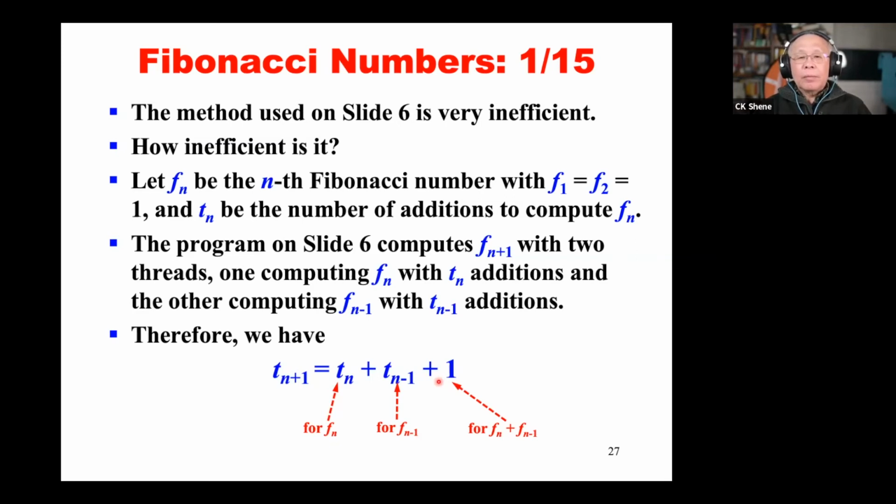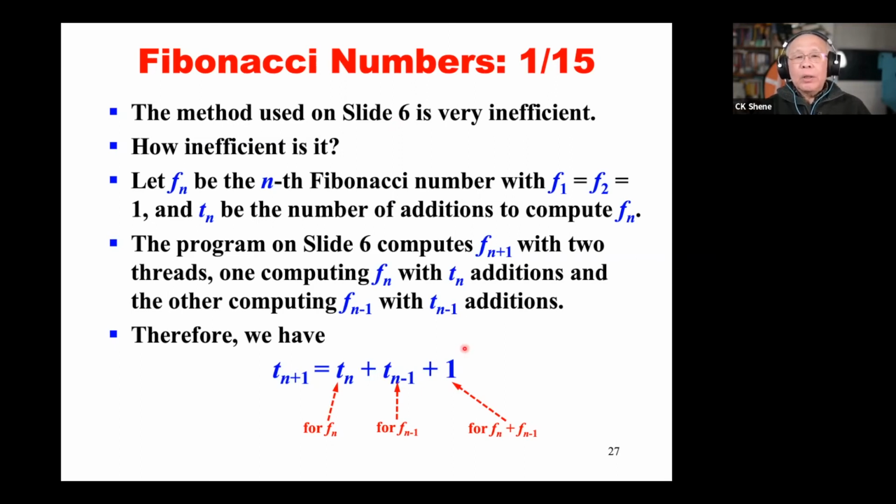If you have anything in doubt, please pause before continuing. Understand why we have this formula, even though on slide 6, the method is multi-threaded, but we are interested in how many additions the program would use.